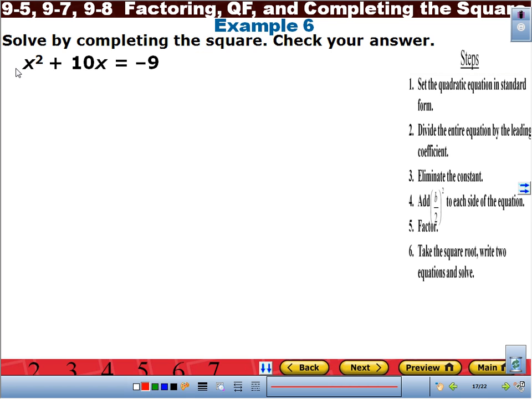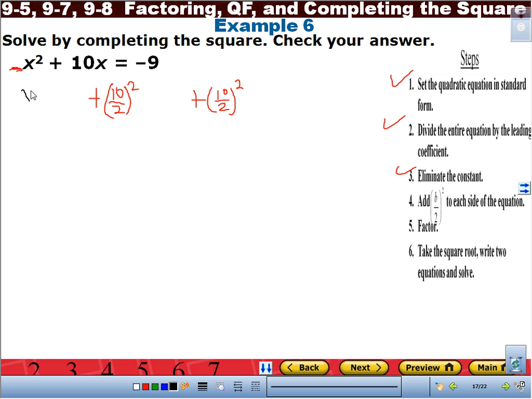All right. So let's see. Do we have a leading coefficient here? No, and it looks like the constant is already on the other side, so they did steps 1, 2, and 3 for us. So step 4, what is my b? 10. So then we're going to add b over 2 squared, which is 10 over 2 squared, to each side. Bring everything else down.